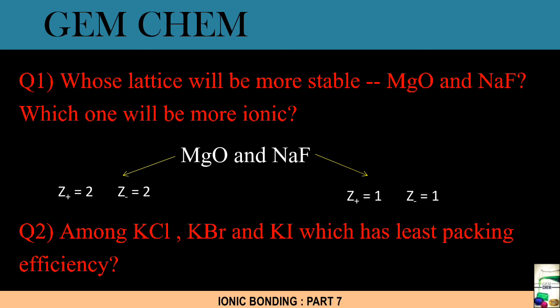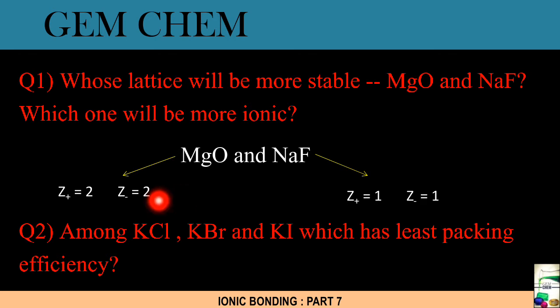This will in turn cause an increase in the coordination number of the cation, that is, the extent of close packing will increase. Packing between the cation and anion will become more efficient, and hence the ionic character of the compound will increase. Thus, the greater the coordination number of the cation, the greater the extent of close packing and ultimately the greater the ionic character.